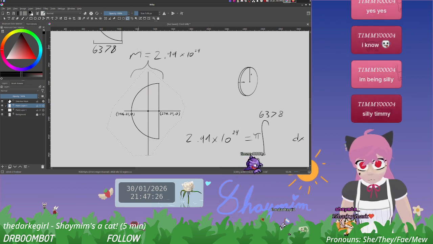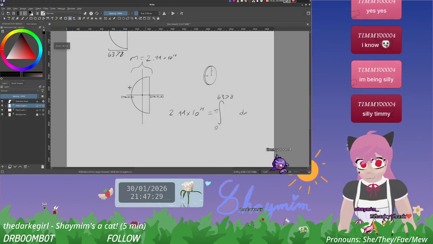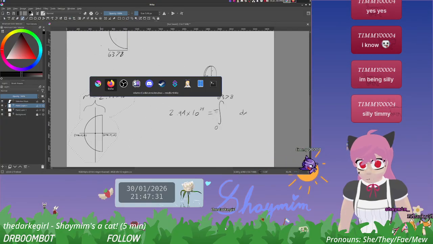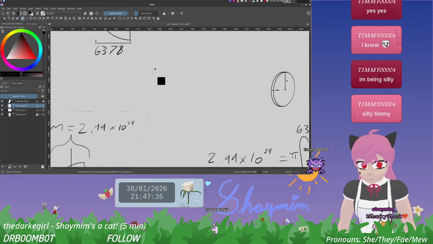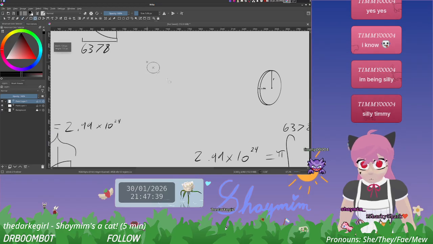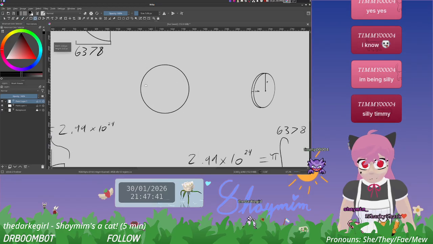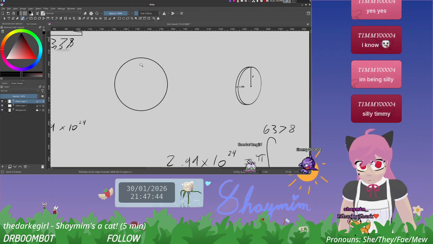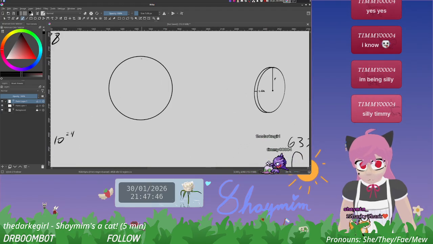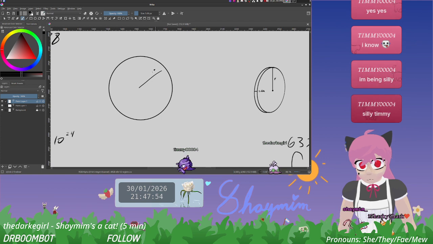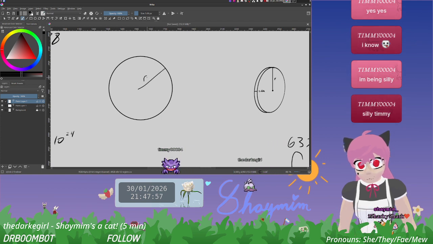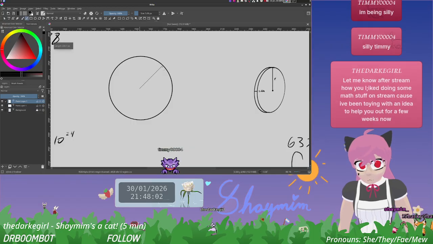There we go. Now I can move it. So we can say that r equals, so yeah, the radius is going to be x squared plus y squared, right?